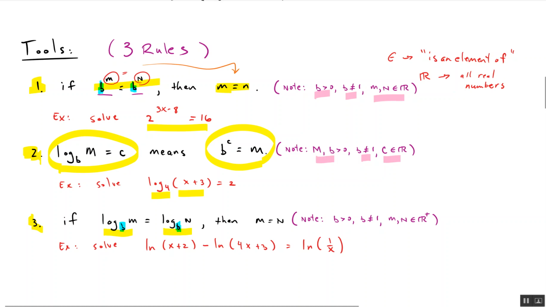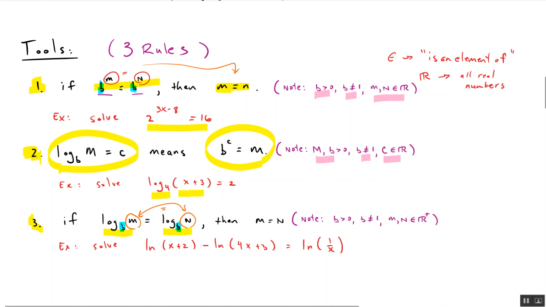Single logs set equal to each other, both with the same base. You're guaranteed that the stuff on the inside is equal, meaning m, the input of the left side, has to equal n, the input of the right side. These must be equal.